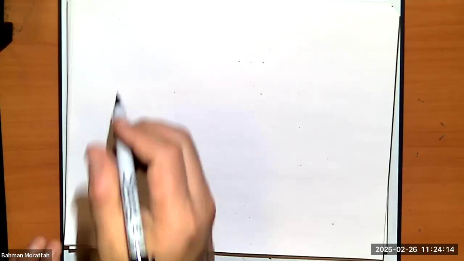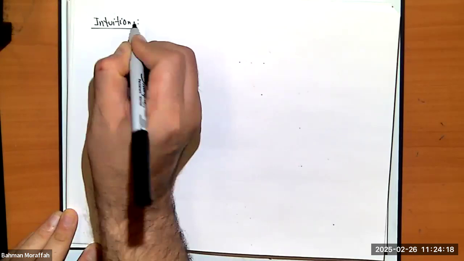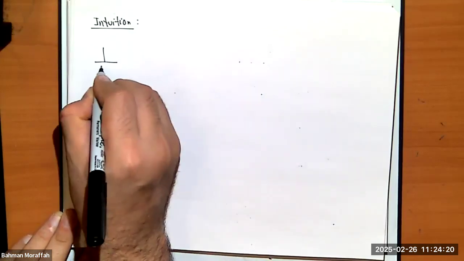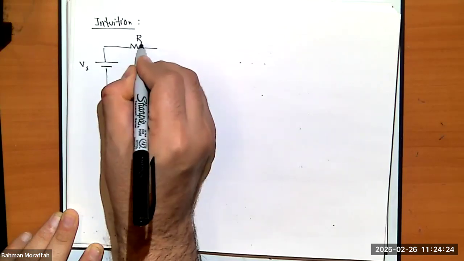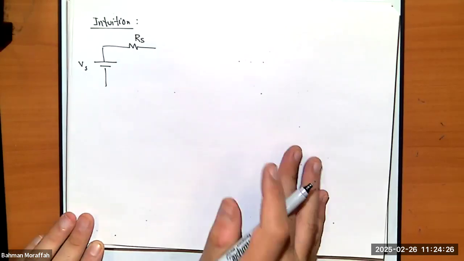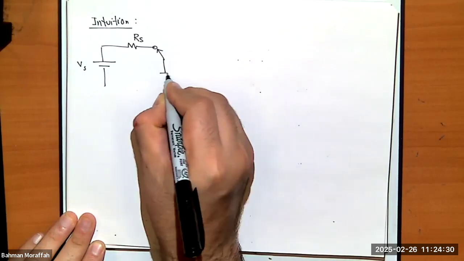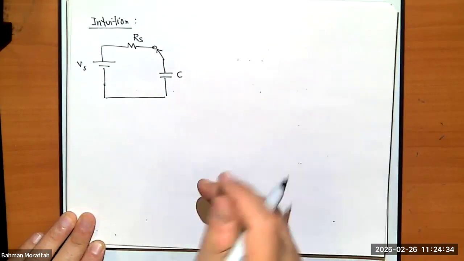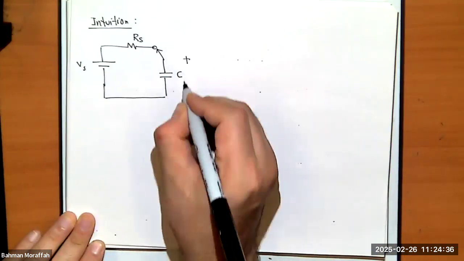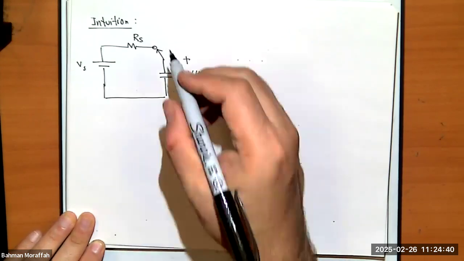Let's just say I'm given a circuit. I have some source Vs. It's connected to some resistor. And then I have a switch. And I have that connected to a capacitor with value C. And let's say voltage across it is Vc(t).